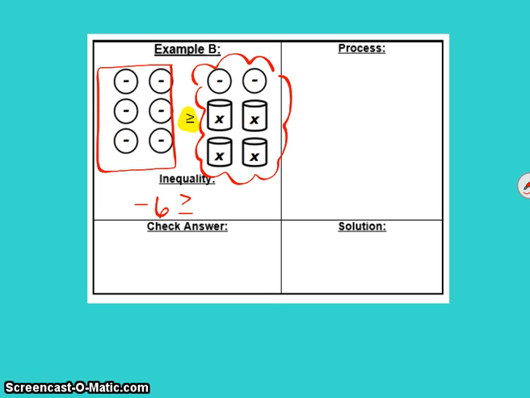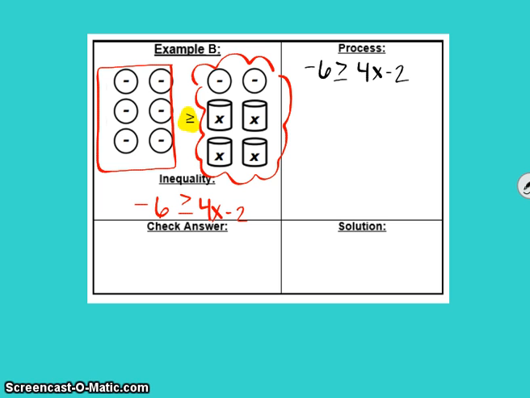This other side has 4 x's, and it also has 2 circles, and these 2 circles are negative, so -2. So in my process, I'm going to rewrite this. So I have -6 is greater than or equal to 4x minus 2.